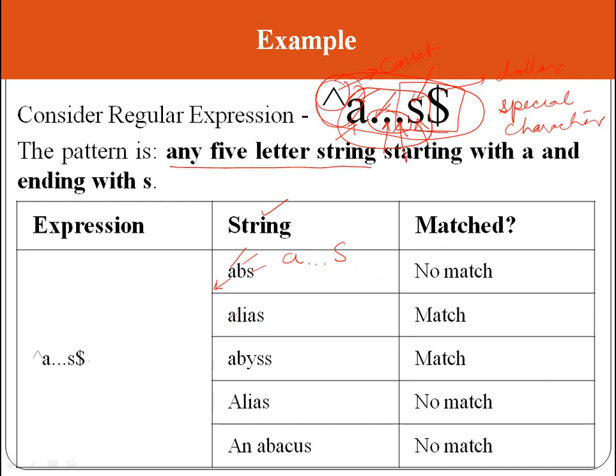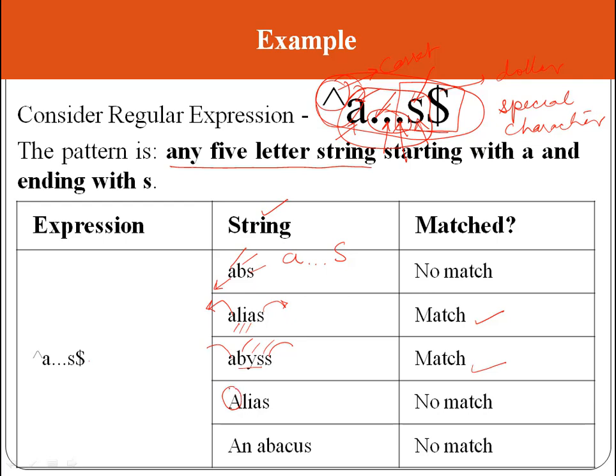Now look at this. The first condition is satisfied. The second condition is satisfied. Three letters are also there. So it is a match. Then again, first is capital S, small a, ending with capital S. In between, three letters are there: 1, 2, 3. So it is also a match.